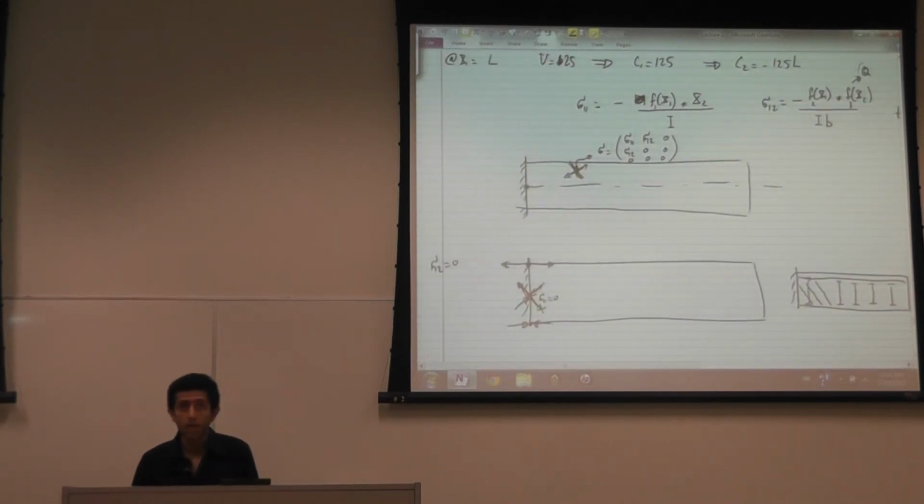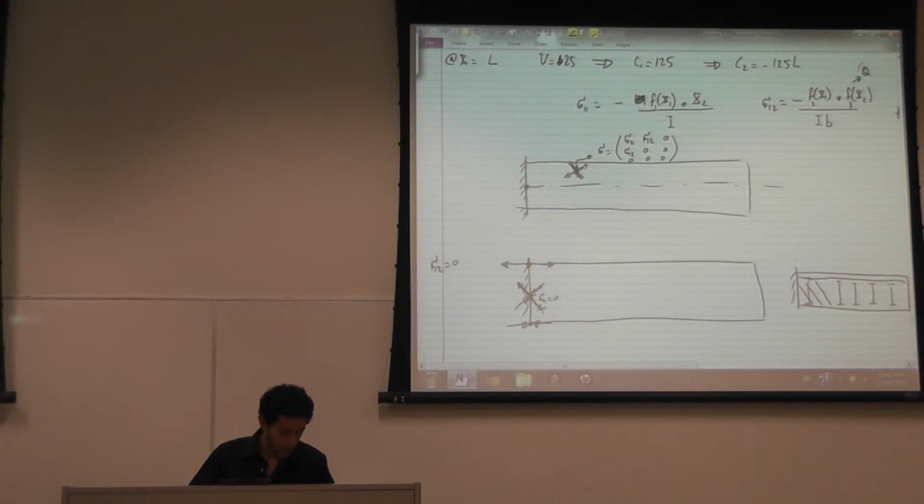Okay, so I have a few minutes now. I would like to show you how to solve this beam and how to draw the contour plots and the vector plots.